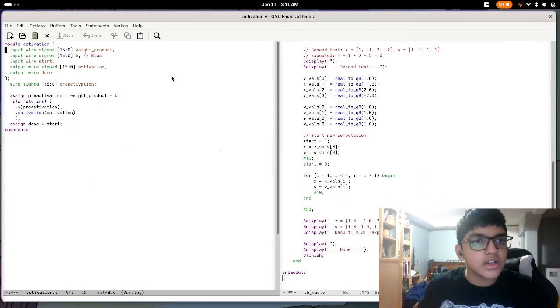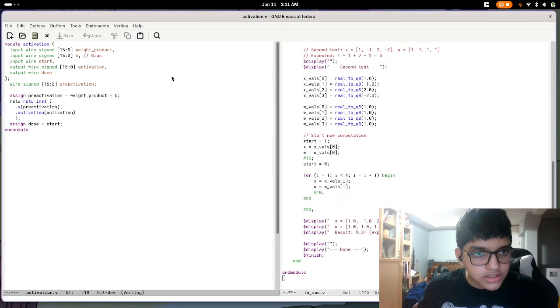So we are given the weight, the bias, and the start input wire again, and our outputs are the activation and it's done.